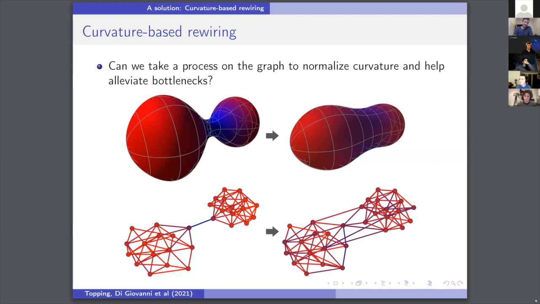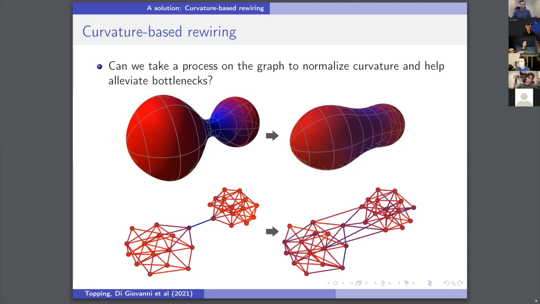I guess maybe this is just naive, but there's something that's kind of strange about rewiring to me. There's a lot of information in the topology of the graph, and you're changing the topology in order to address the bottlenecks, and the bottlenecks make a lot of sense. But it feels like in doing so, you're destroying information. I'm now suddenly connected to a neighbor that I wasn't connected to before.